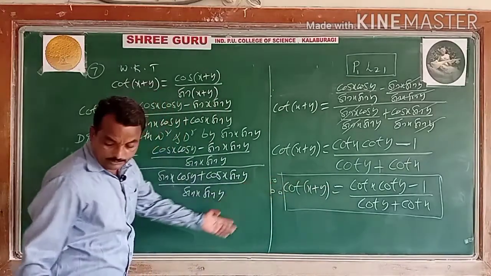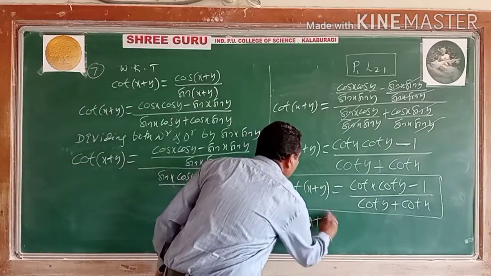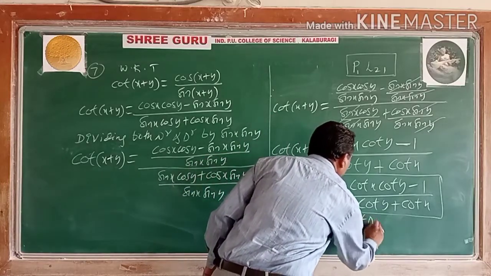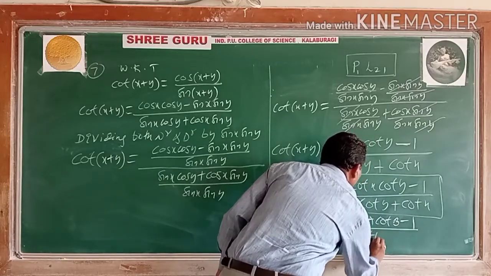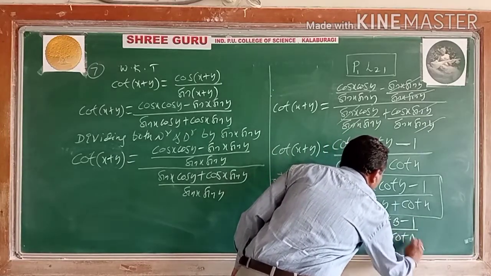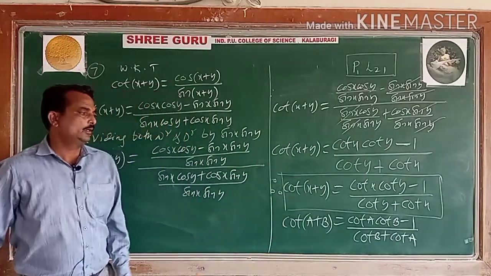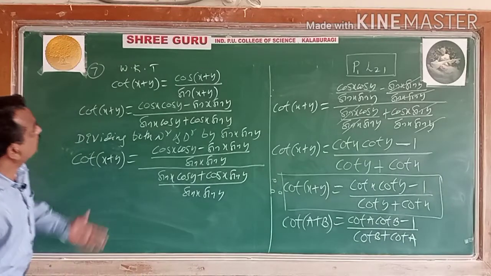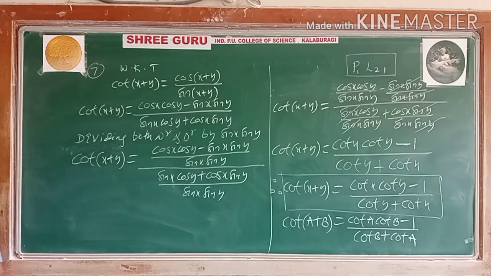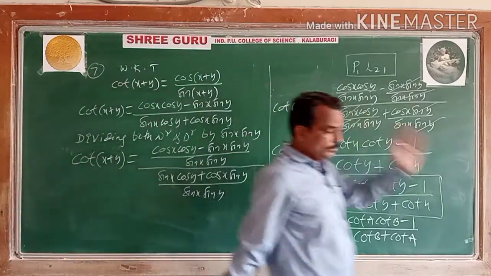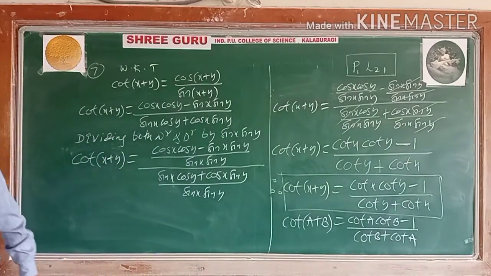In terms of A and B, cot A cot B minus 1 divided by cot B plus cot A, or you may write cot A plus cot B, you may write like that also. Now using this, we will go for the difference formula of cot, using this formula we will go for the difference also.